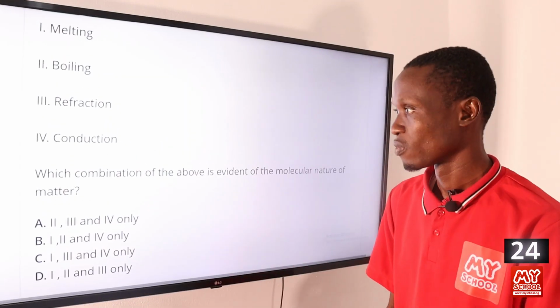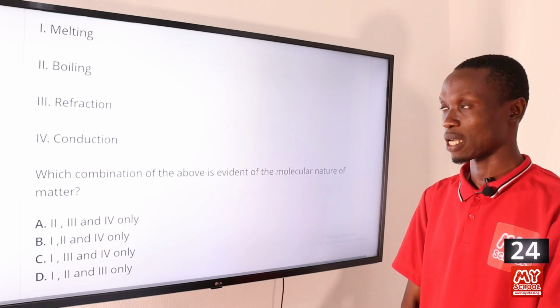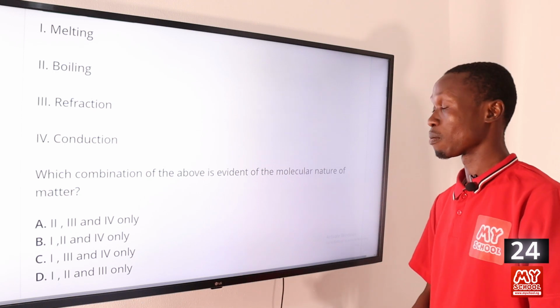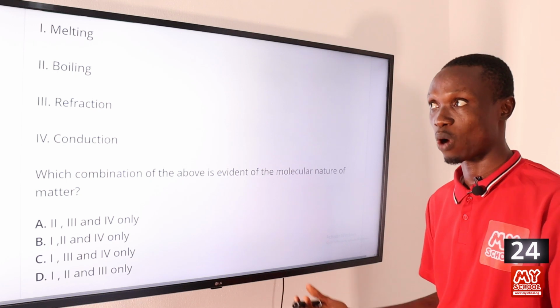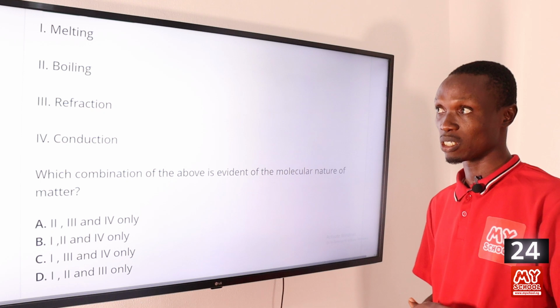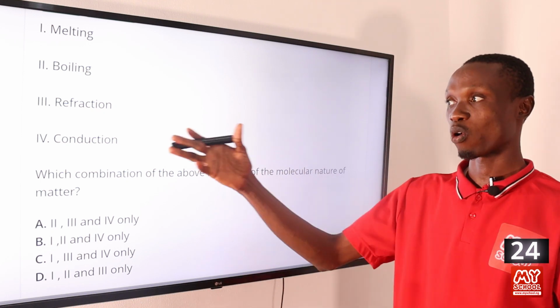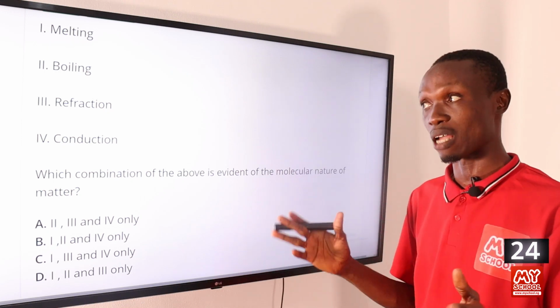Question 24. Which combination of the above is evident of the molecular nature of matter? So I will have melting. Melting involves molecular activity where solid transforms into liquid, while boiling also involves molecular activities where liquid turns into vapor. While conduction is the process of heat transfer through molecular interaction.